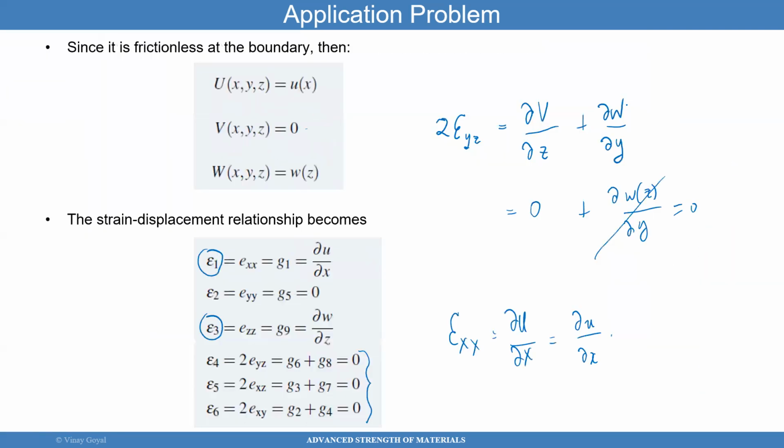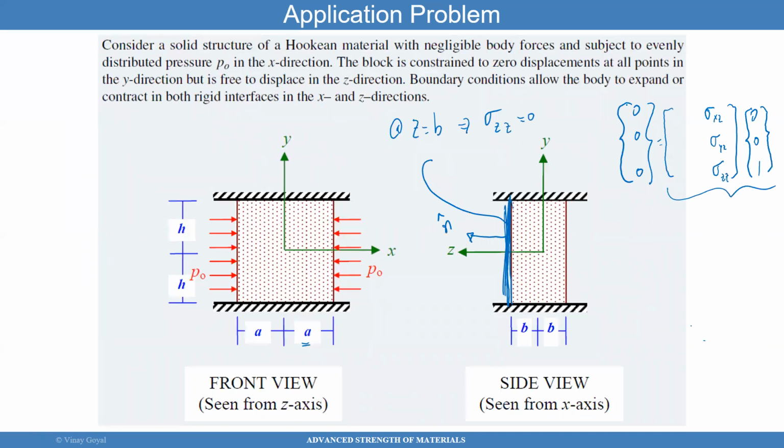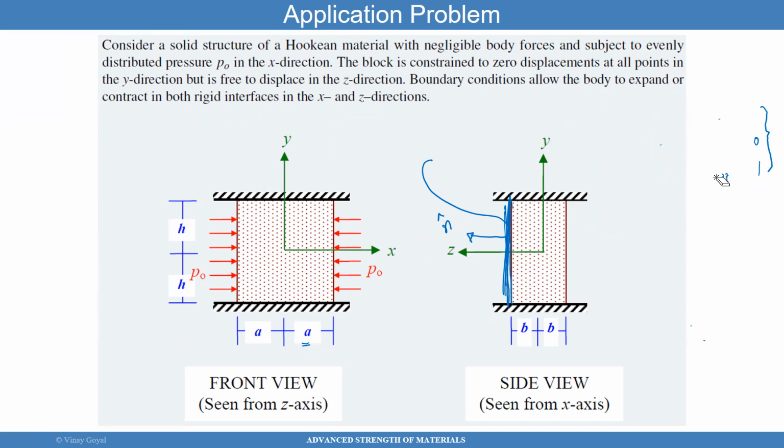So let's go back to the problem statement. What this is telling us is that if I know the strain and if I know the Poisson ratio of the material, if I know the strain in this direction, basically the length change divided by the original length, I can tell you the strain out of the page, which is along the Z direction, right?